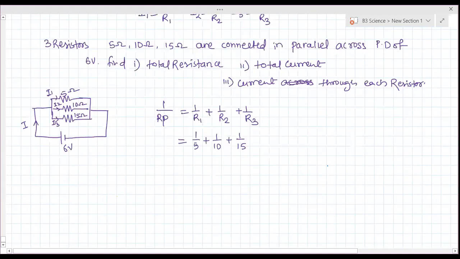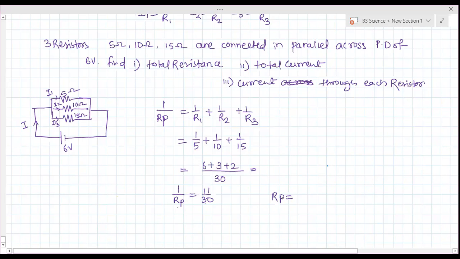So now how to add them? LCM method. LCM of 5, 10 and 15 is 30. 5 sixes are 30, 10 threes are 30, and 15 twos are 30. So this is equal to 11 by 30, which is 1 by Rp. So 1 by Rp is 11 by 30. So what is Rp equal to?